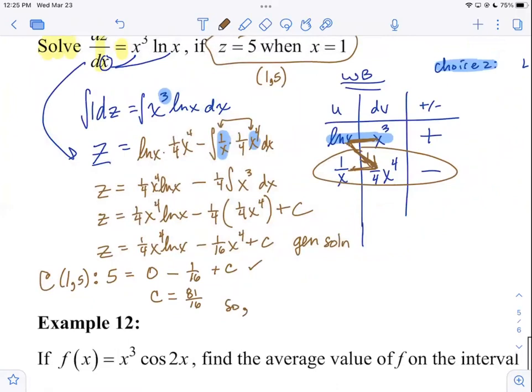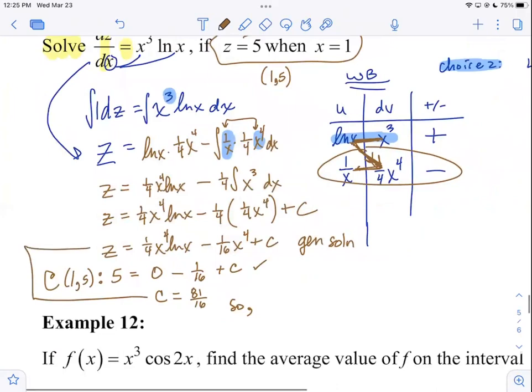And now we plug it back into the general solution. The particular solution is z equals, or z of x, if you want to make it a function, 1/4 x to the 4th ln of x minus 1/16 x to the 4th, and then plus 81 16ths. Tedious, right? But the method is still the same.